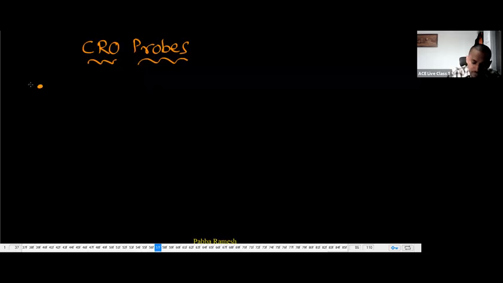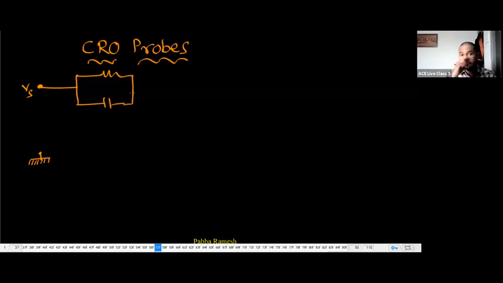This is Vs. Here the ground path will be there. The CRO cable can be represented as an impedance, the parallel equivalent of R and C. P means probe resistance and probe capacitance.